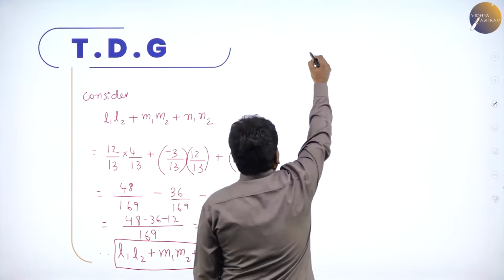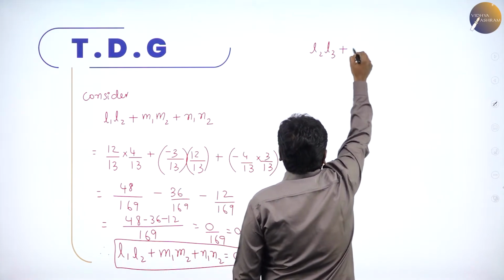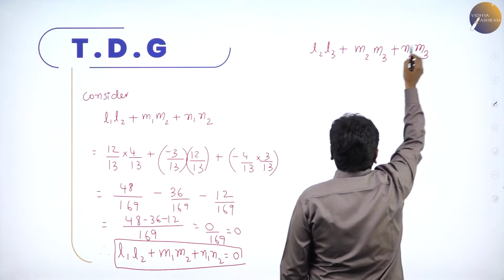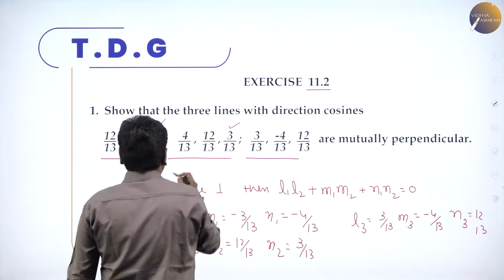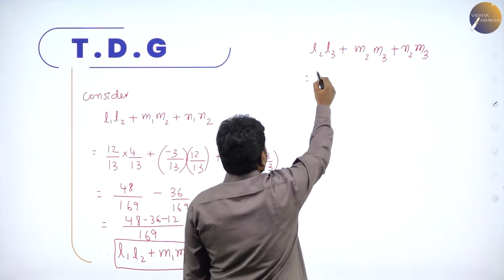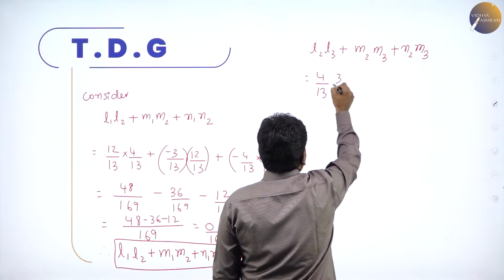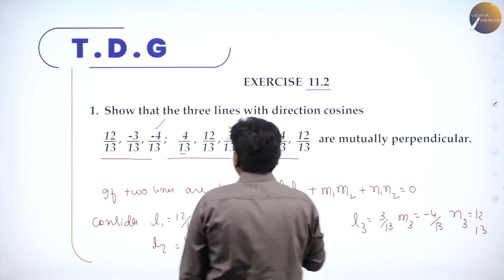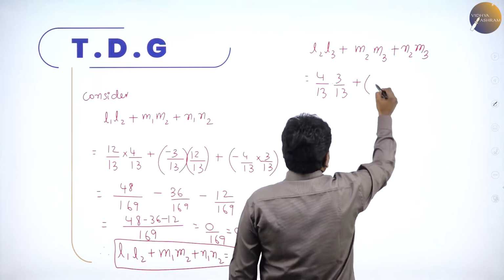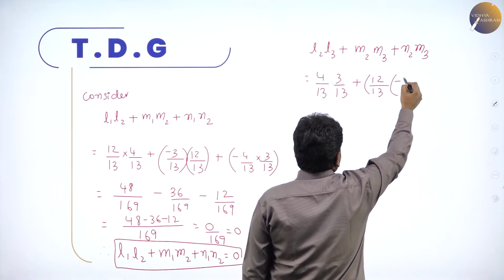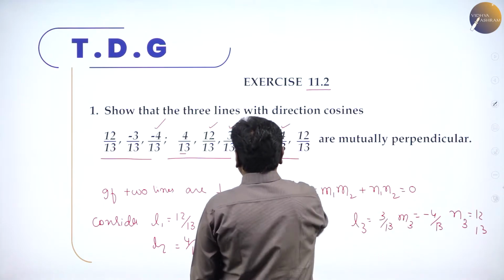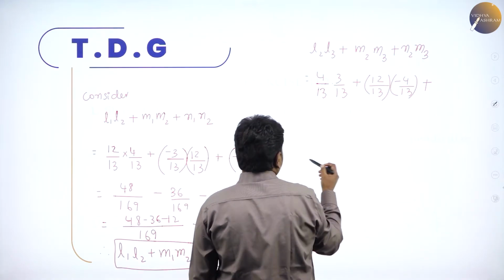Now I'll take L2 L3 plus M2 M3 plus N2 N3. L2 is 4 by 13, L3 is 3 by 13, so 4 by 13 into 3 by 13, plus M2 M3, that is 12 by 13 into minus 4 by 13, plus N2 N3, 3 by 13 into 12 by 13.